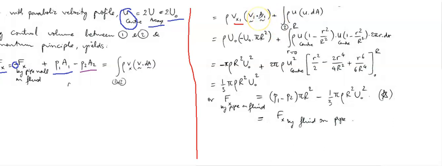Depending on the direction, when we put the dot product, we'll get this velocity negative. But I'm trying to follow the same style, so I say the final momentum minus the initial momentum. So the velocity expression is u naught, and this is u naught and pi R square. So in total we calculate the momentum difference, the final momentum minus the initial momentum.